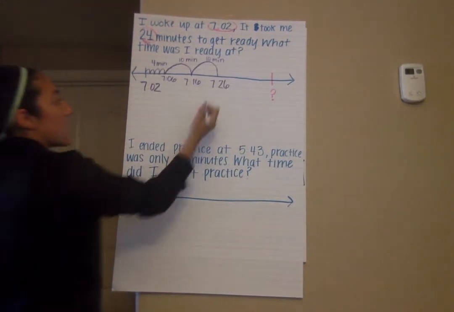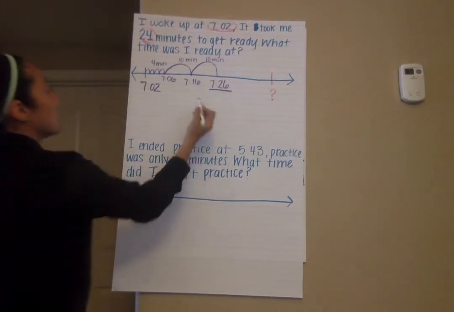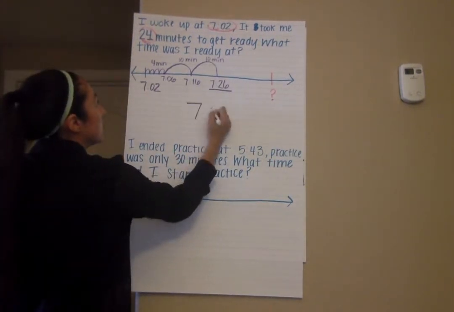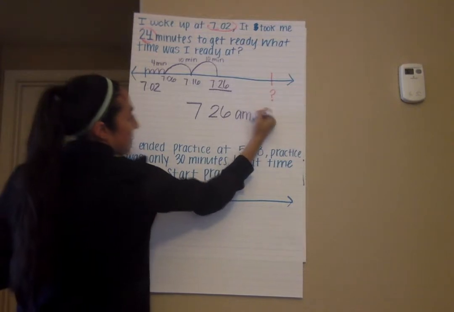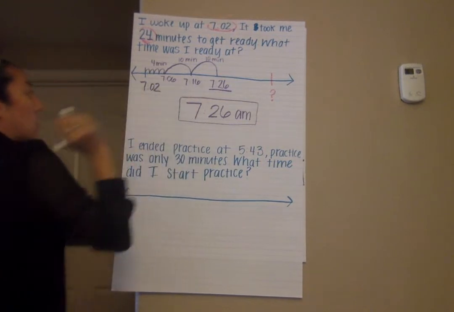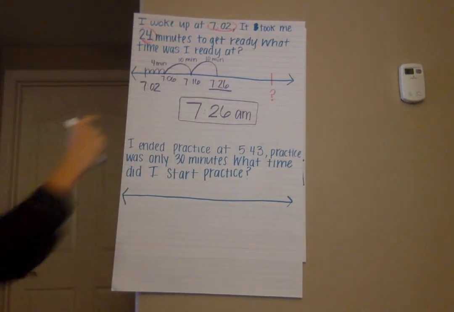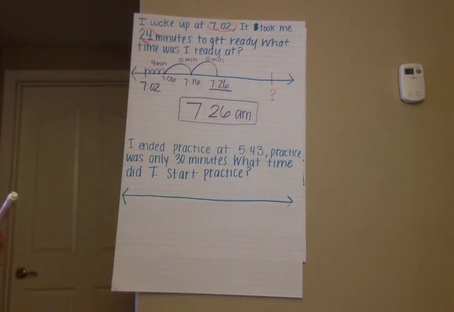So that means my end time that I finished getting ready was 7:26. And then it's a.m. because it's in the morning. Okay? Because 4 plus 10 plus 10 should equal your 24 minutes.